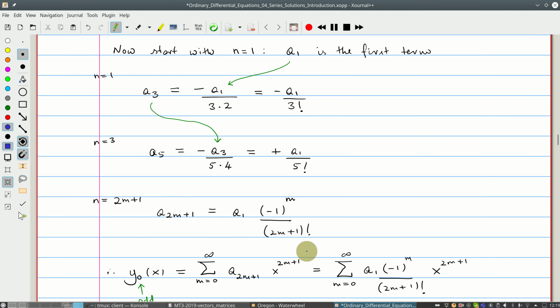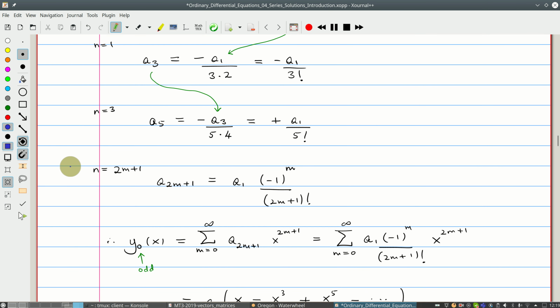You go on developing that, stare at it for a while, and then you realize that if n is 2m plus 1, that means it's an odd number. So this is the case for odd n. Then we have a of 2m plus 1 is equal to a1, the a1 is always going to be present, times minus 1 to the m divided by 2m plus 1 factorial. And so we get the odd solutions. Y of o of x is equal to the sum over m.